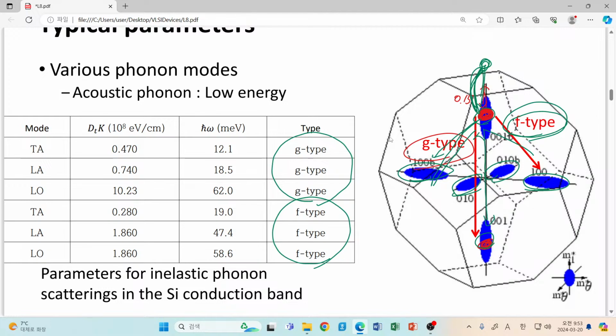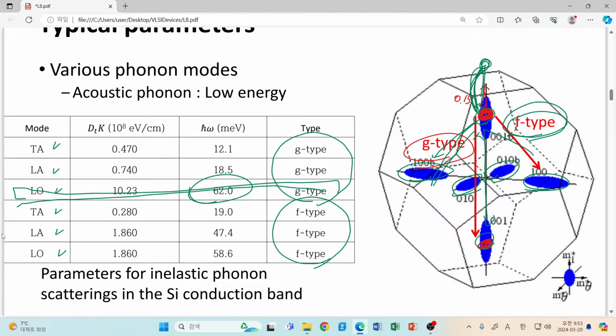There exist 2 types of phonon scattering, and yes, we have many different branches originating from the details of our E-K relation. However, although we have at least 6 different branches of phonon scattering, which one is the most important? My clear answer is this one is the most important one.